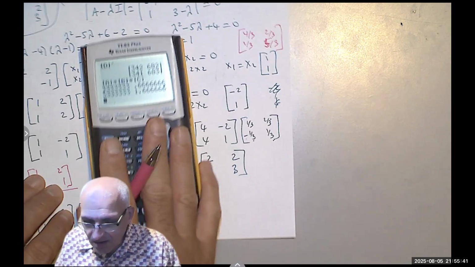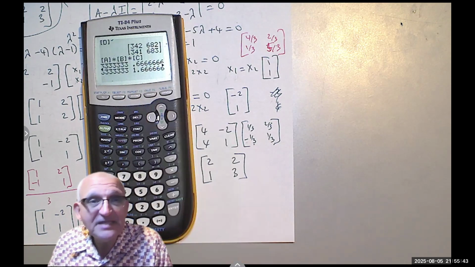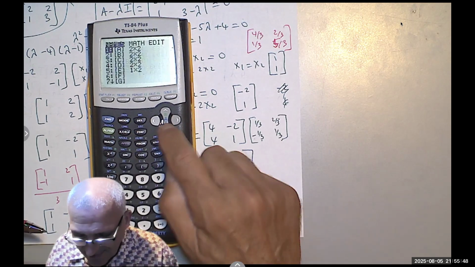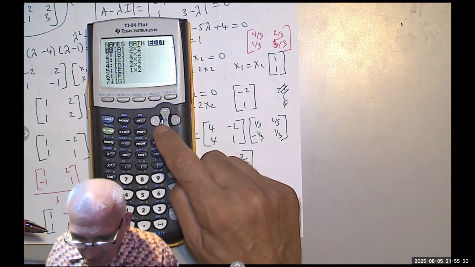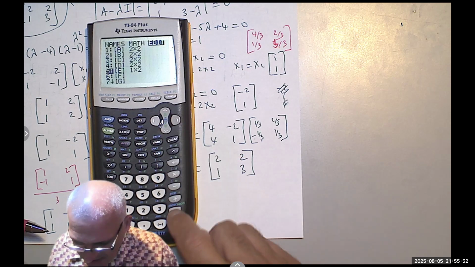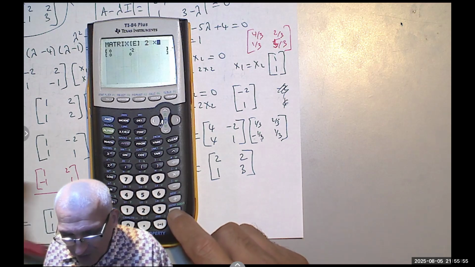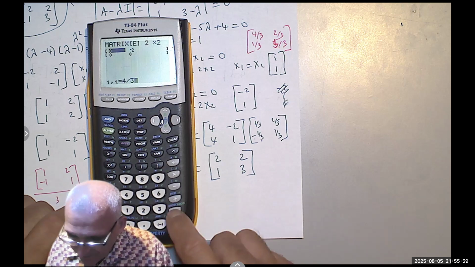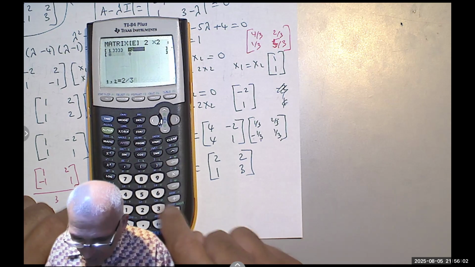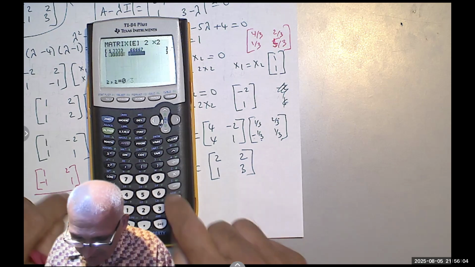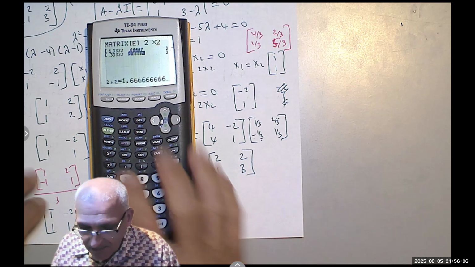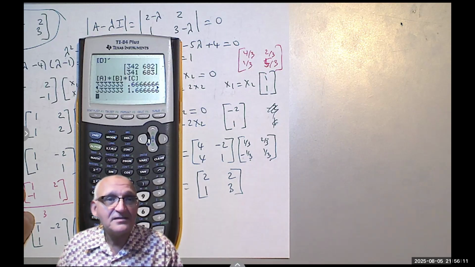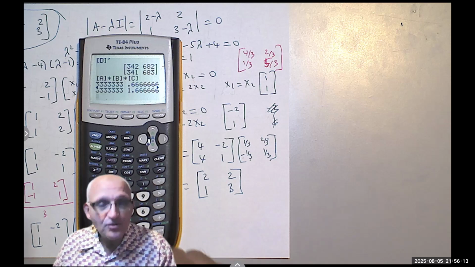Now, what if I multiply this matrix by itself? So let's go back one last time. I'm going to make matrix E a 2 by 2. And then I'm going to say 4/3, 2/3, 1/3, and 5/3. This is the matrix we found. Let's square that and see if I get my original matrix.